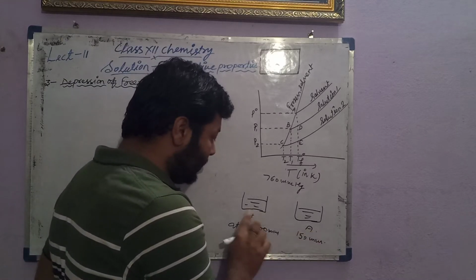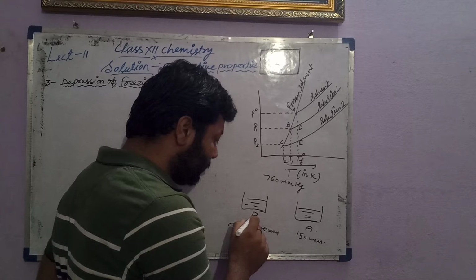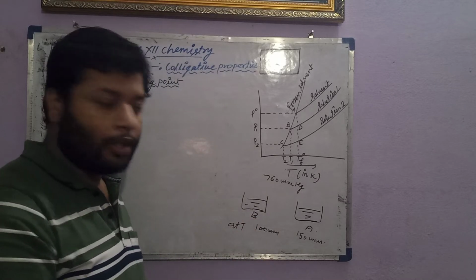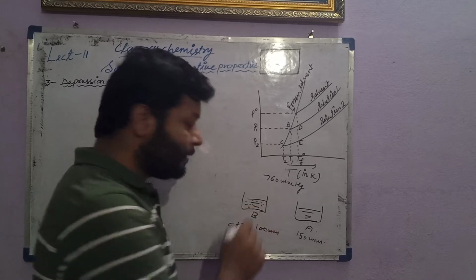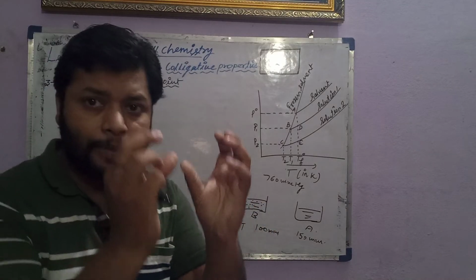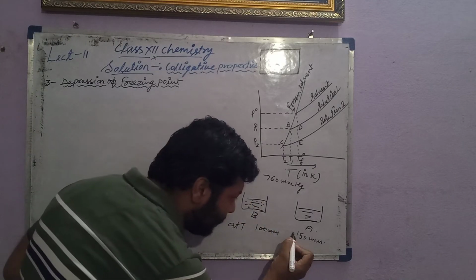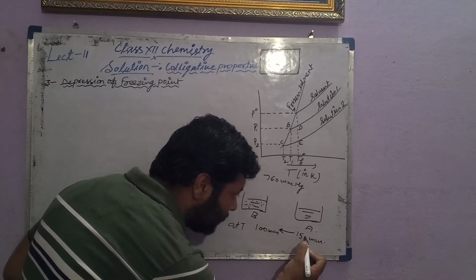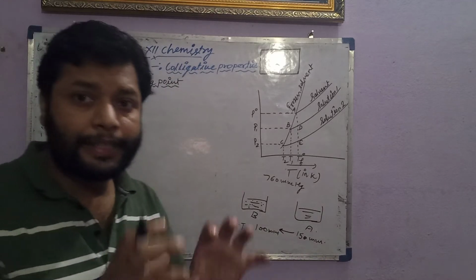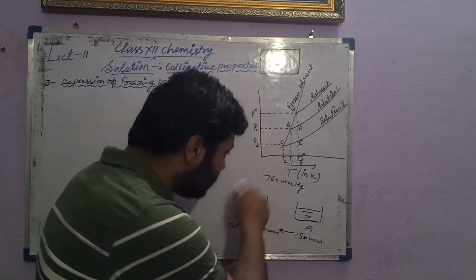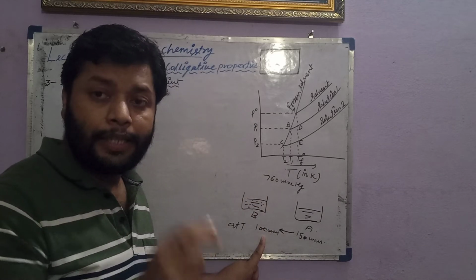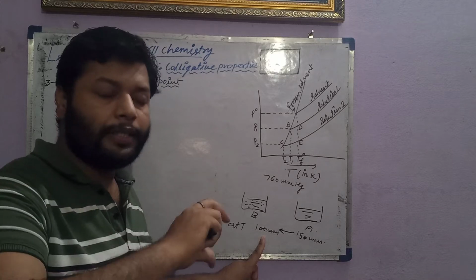Suppose this is a solvent and this is a solution. Now we add some solute. When we add some solute, the vapor pressure decreases, and to attain the atmospheric pressure there is a requirement of greater temperature.